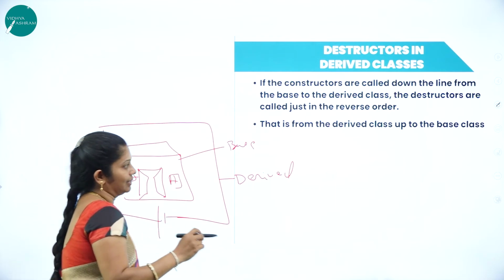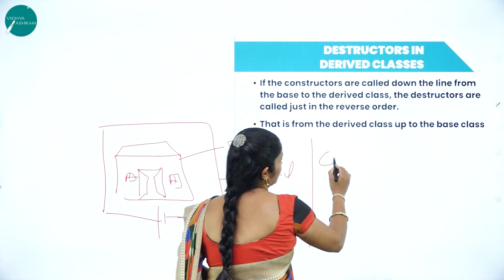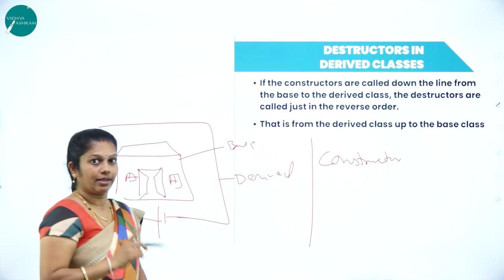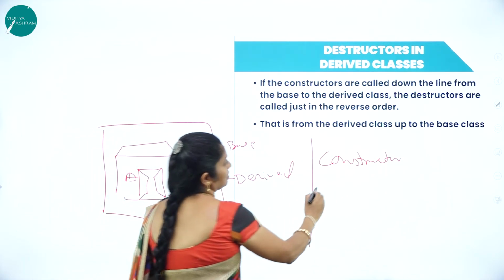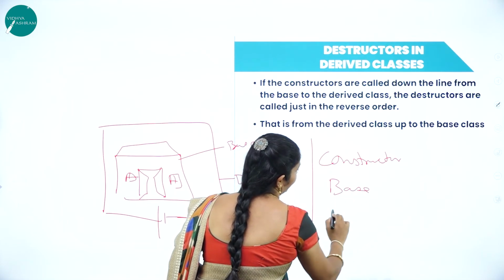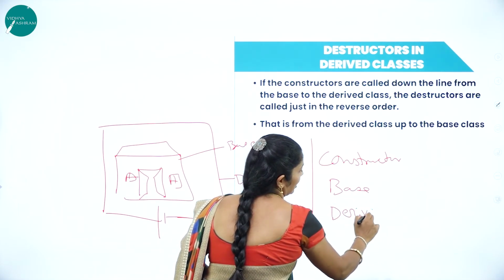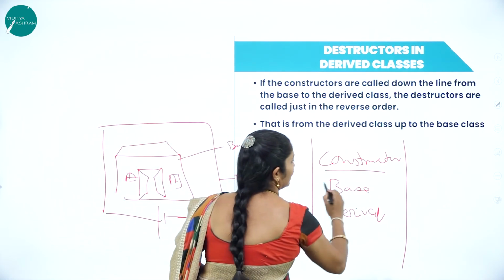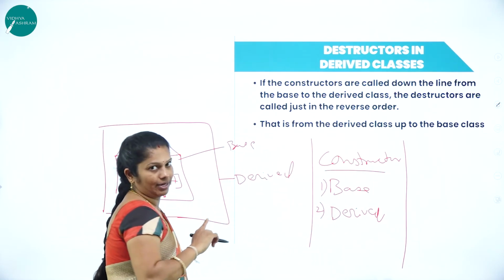If you have constructors, then first the base constructor will execute. First base will execute, then later the derived class constructor will execute, when you have constructors in both base and derived class.